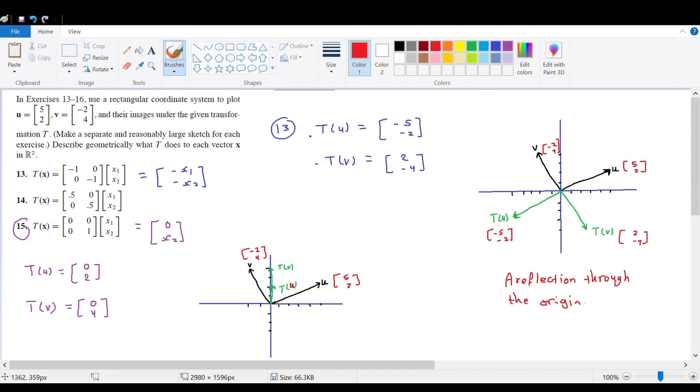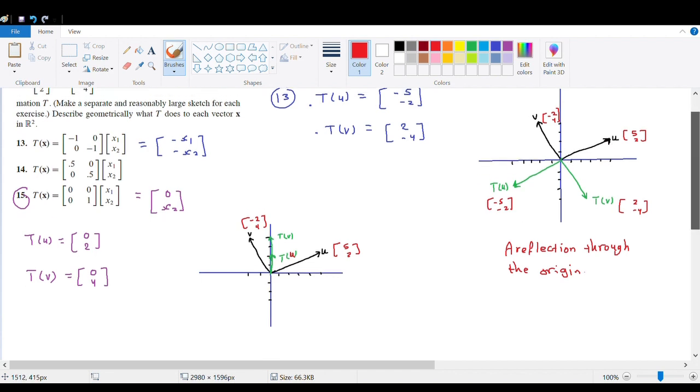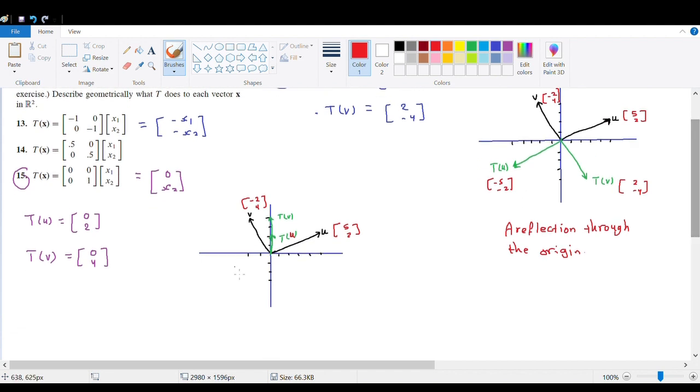So the geometric description is a projection onto the x2 axis. يعني نشيل كل فيكتور ونخليه في ال x2 axis لأنه قيمة ال x1 is equal to 0 تبقى لنا فقط قيمة ال x2. So this is a projection onto the x2 axis.